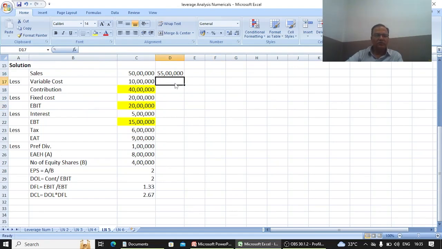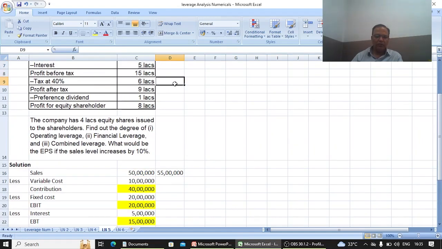Variable cost, because there is a change in sales price only, it will be 45 lakhs. 45 minus 20, it will be 25 lakh.